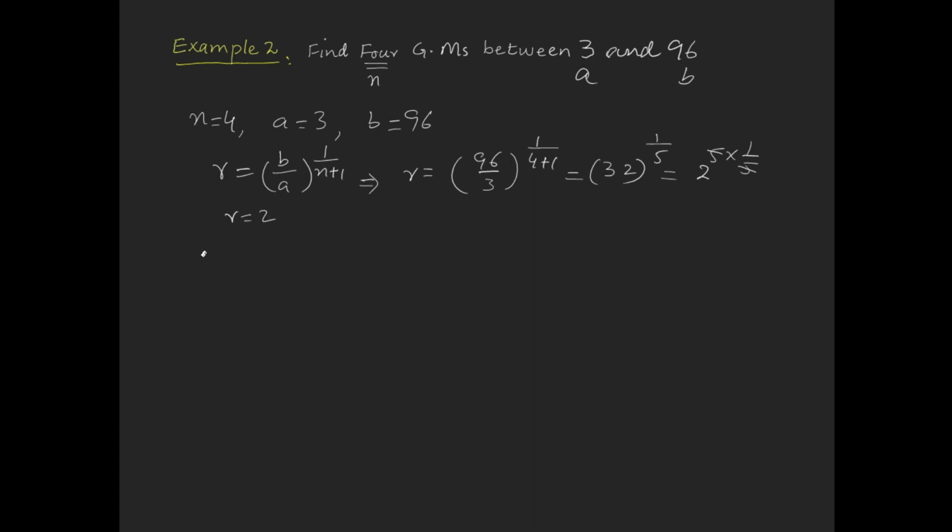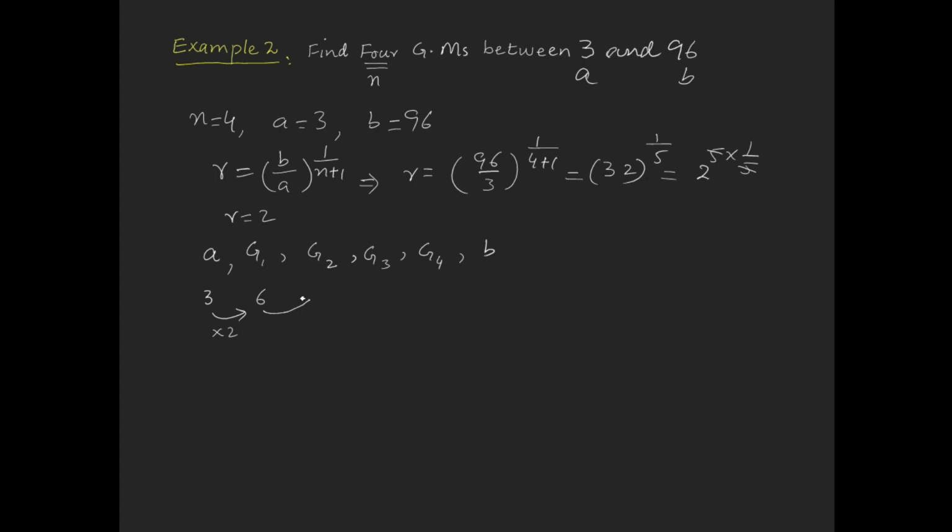A is given, then first geometric mean, second, third, fourth, and B. A is 3. Now multiply each time by the value of R, which is 2. So 3 2s are 6.